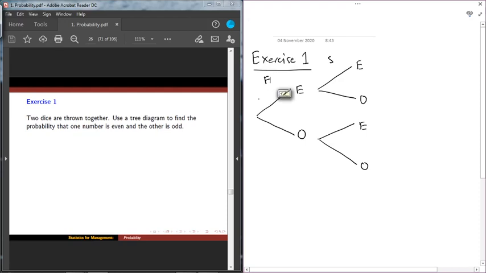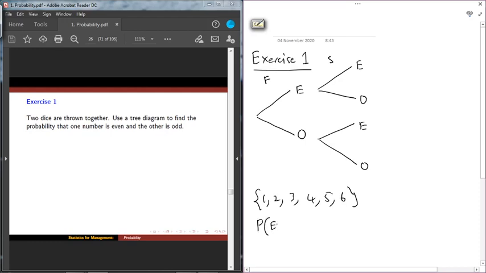The probability is, so you know a die, isn't it? What are the numbers on a die? 1, 2, 3, 4, 5, 6.